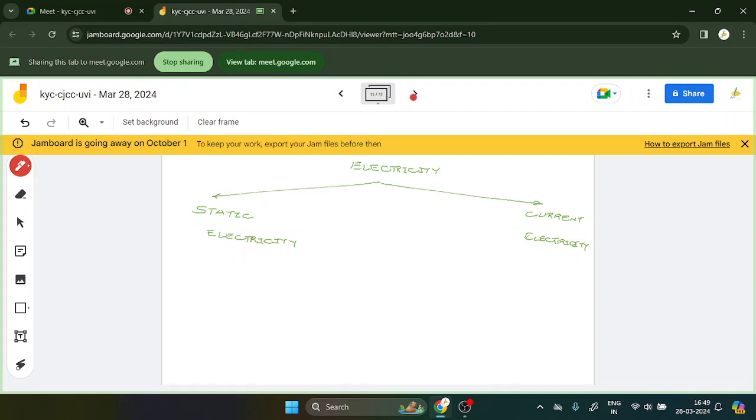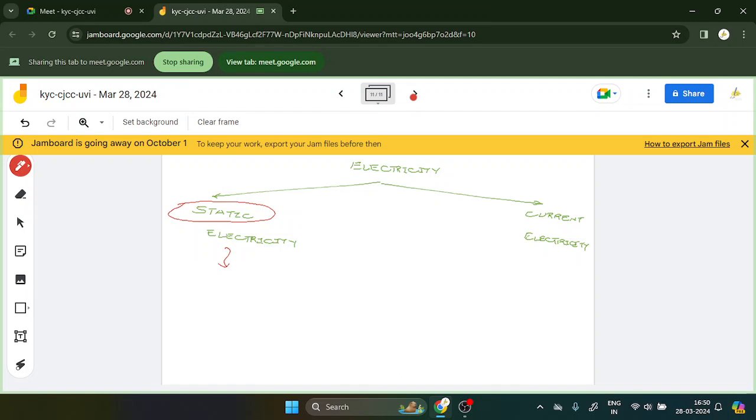Now, what is static electricity? Static means at rest. In static electricity, there will only be the transfer of charges from one system to another system.